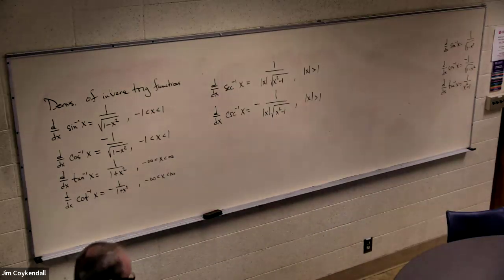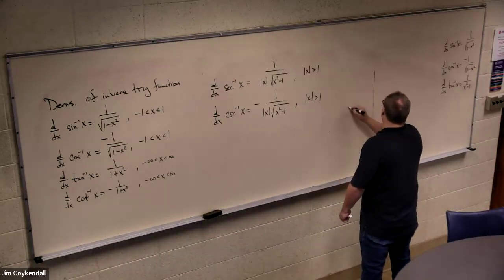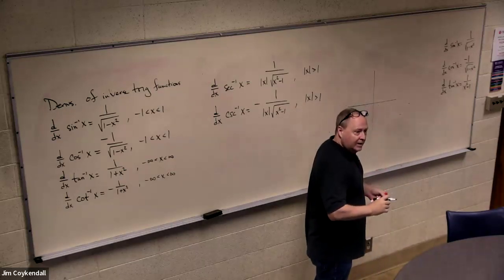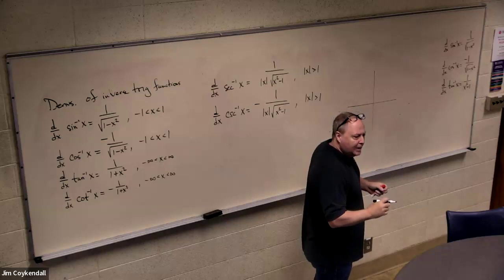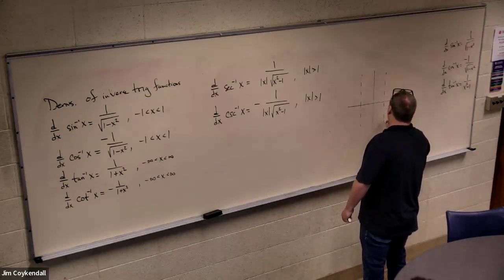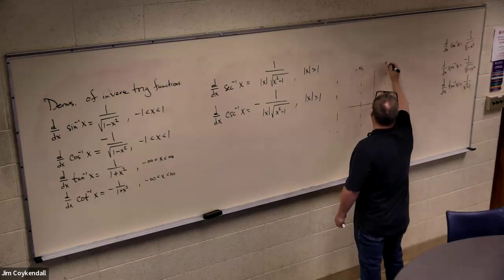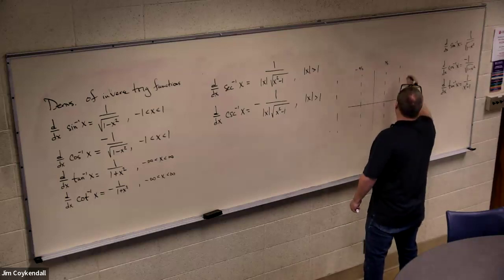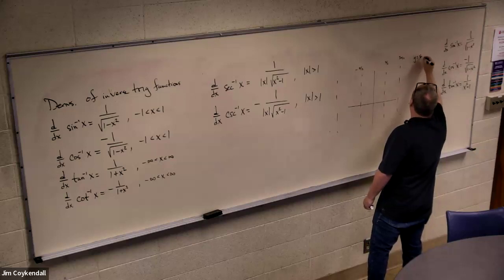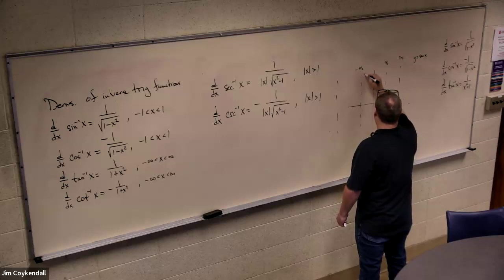The difference is this. Let me draw you, for example, a picture of the secant. Notice the cosine is zero at pi over 2 and minus pi over 2, right? So the secant actually has vertical asymptotes, and it looks something like this.